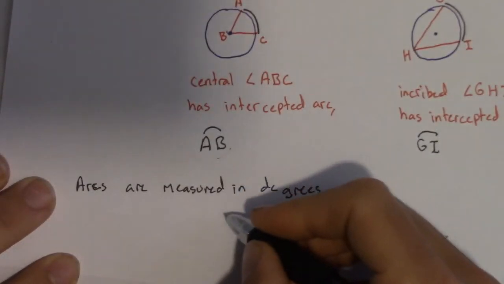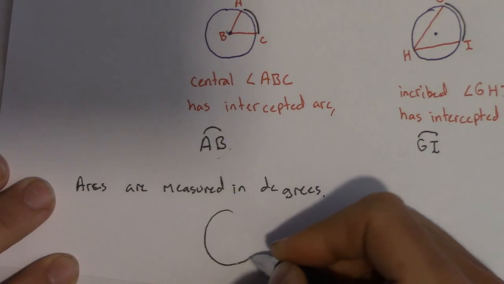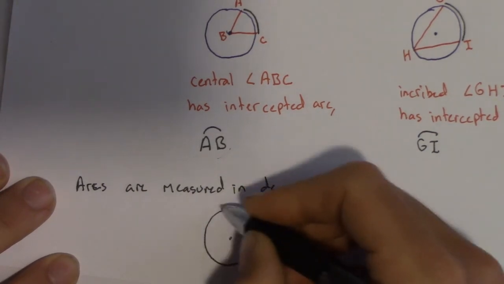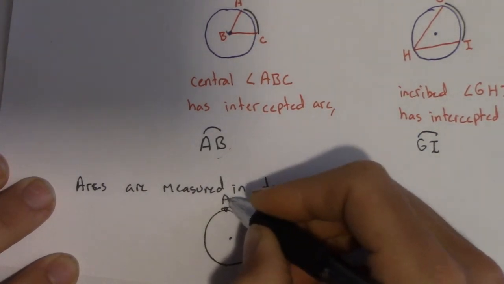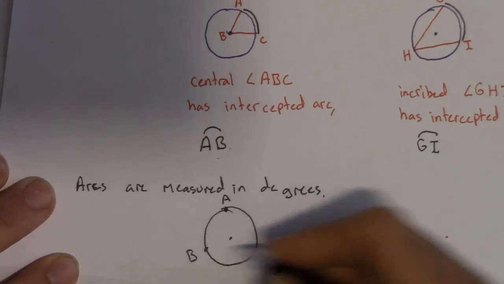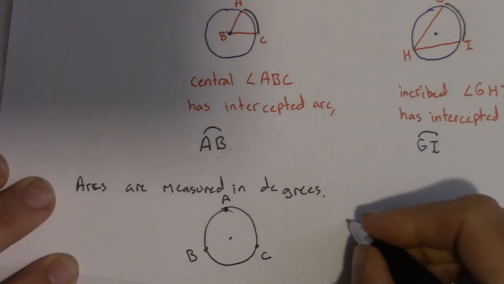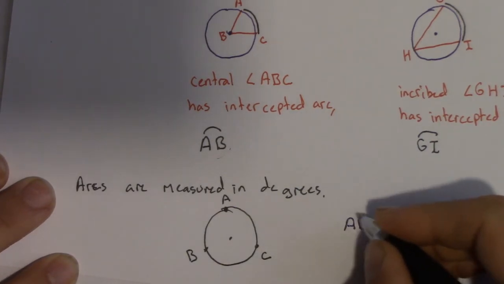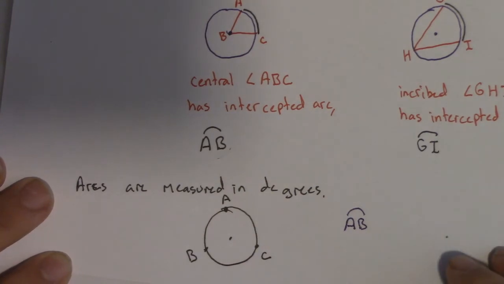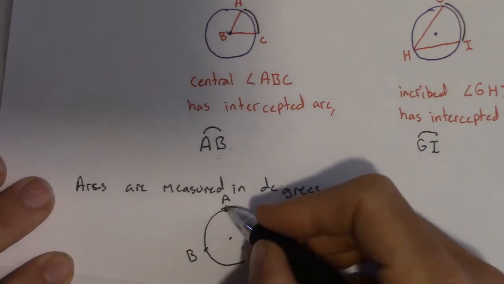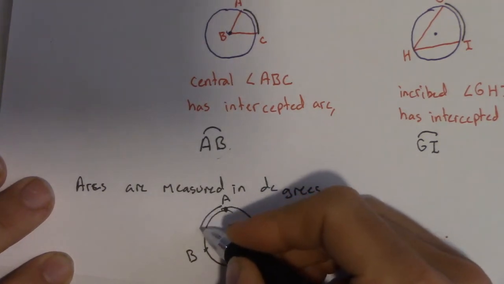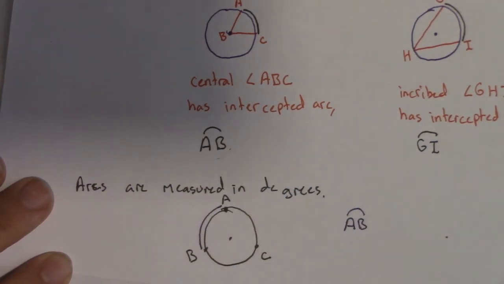So for example, let's just put A, B, C right here. If I told you I was interested in arc AB, then I would have to take the shortest path from A to B. So if I start here at A, I'm going to travel over here to B. And that would be equal to arc AB.